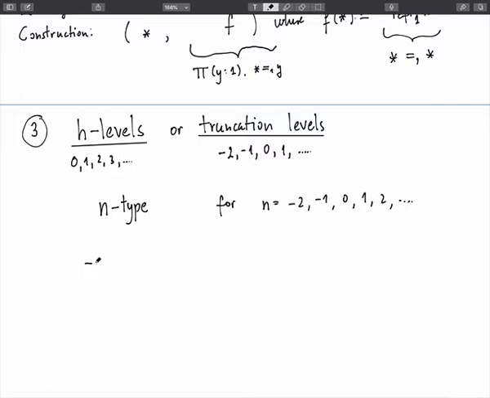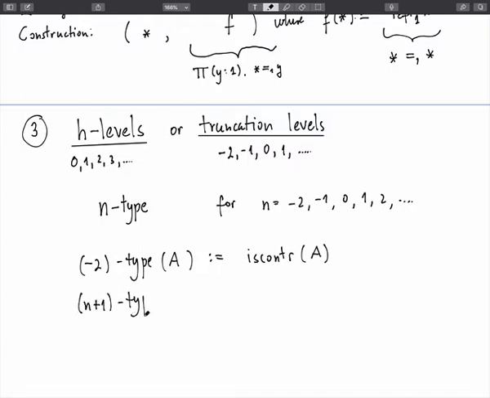Okay. So first of all, what is a -2 type? A is a -2 type. That's the same as A is contractible. And then, what is an n+1 type? A is an n+1 type if its path spaces are n-types.